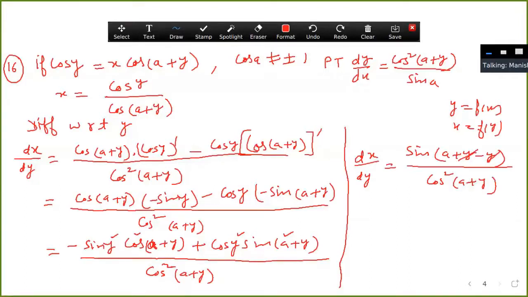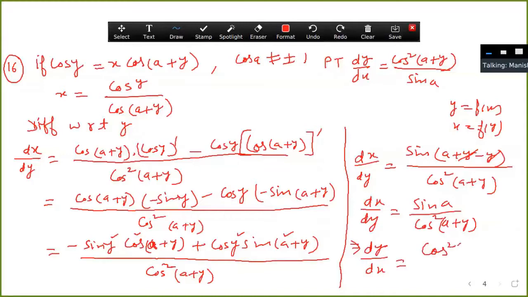Cancel these two y's, what are you getting? dx upon dy is equal to sin a upon cos square (a + y). If you want dy upon dx, it will be the reciprocal of the previous one, that is cos square (a + y) upon sin a. This is the answer, or you can say hence proved.